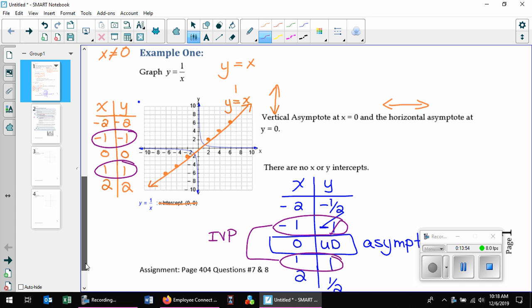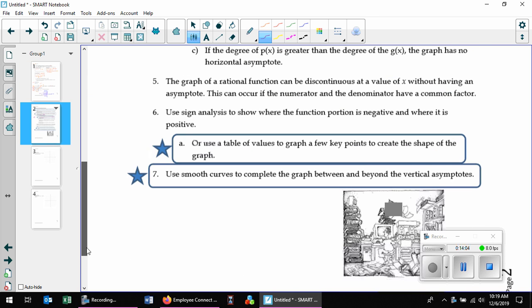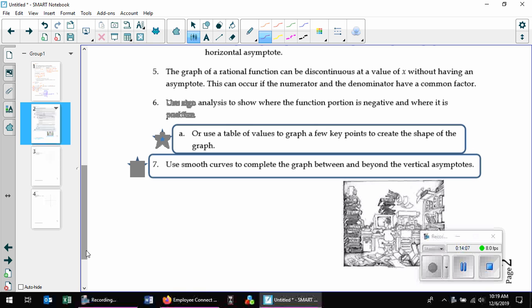So key points would be any x-intercepts, any y-intercepts, any invariant points. Okay, so critical things. You can do a whole table of values if that makes some people feel comfortable. And again, we're going to use smooth curves to complete the graph between and beyond the vertical asymptotes, and approach the horizontal asymptotes. Got it? Easy peasy, right?